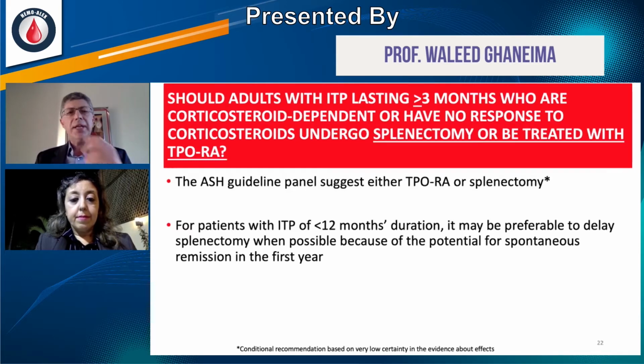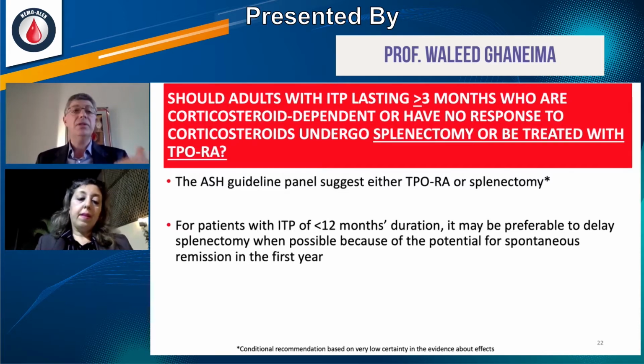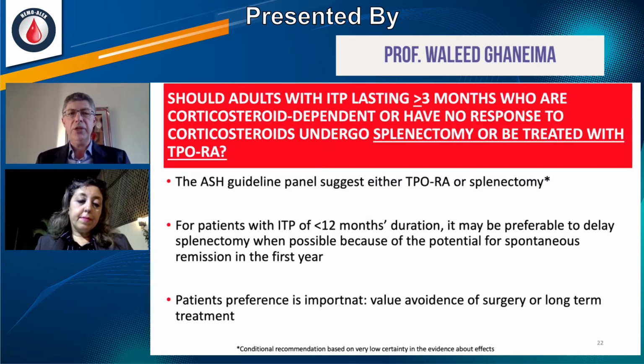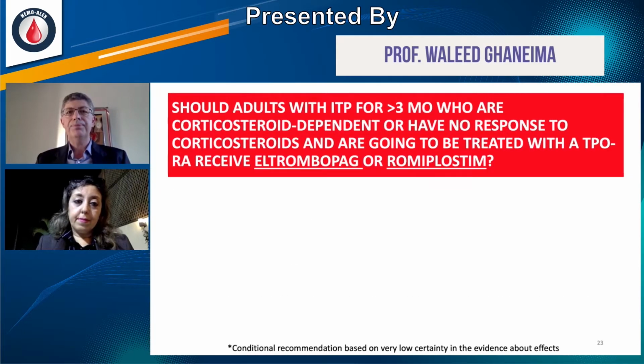So they suggest, or it's a strong suggestion in a way, that during the first year, try to avoid splenectomy because your patient may have a high chance or probability of going into remission, whatever you treat the patient with. Patient preference is important. Value avoidance of surgery or long-term treatment. So they should decide whether they want to avoid surgery or long-term treatment.